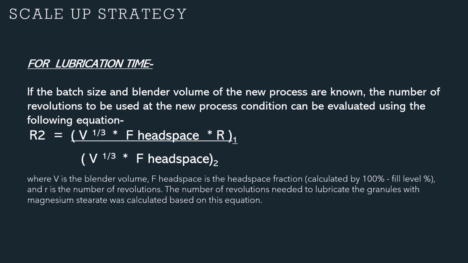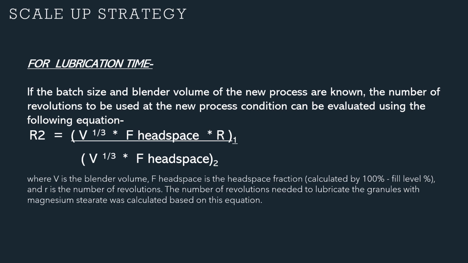For lubrication time, we already discussed that some excipients like magnesium stearate are hydrophobic in nature, and their time of mixing is very crucial because they can change the physicochemical property of the blend and the drug product.